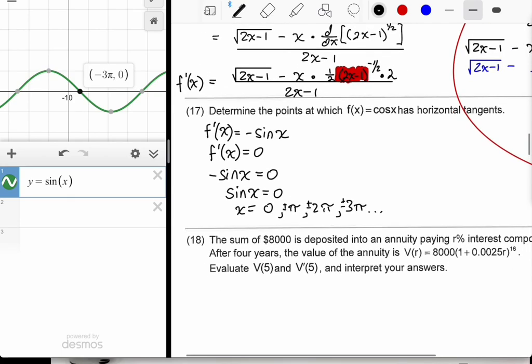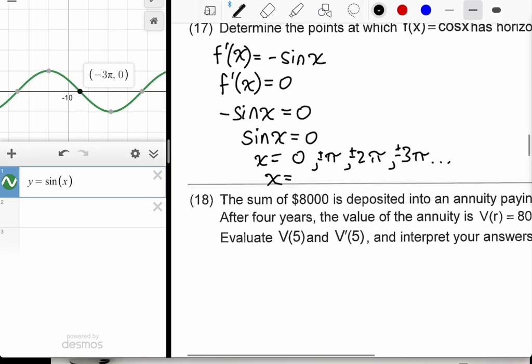So what we would say is that there would be a horizontal tangent when x is equal to some multiplier of pi. There's going to be some number that we can multiply by pi that would account for every single possible instance in which the graph would touch the x-axis.